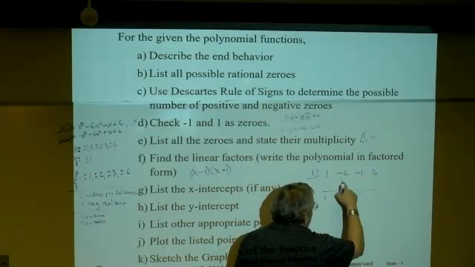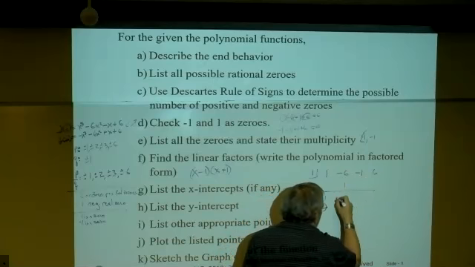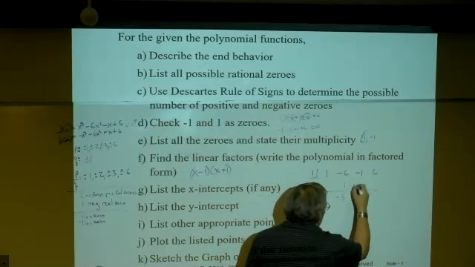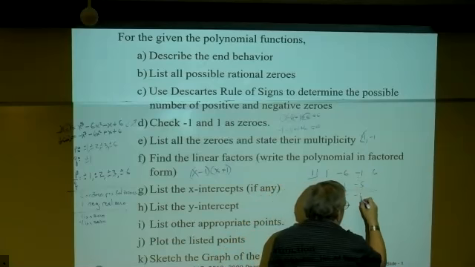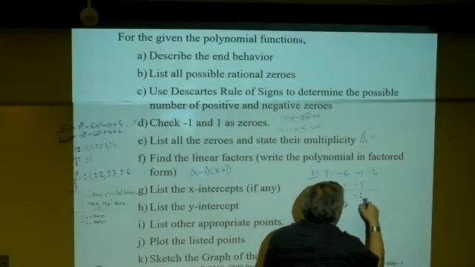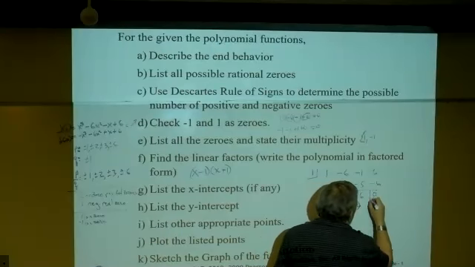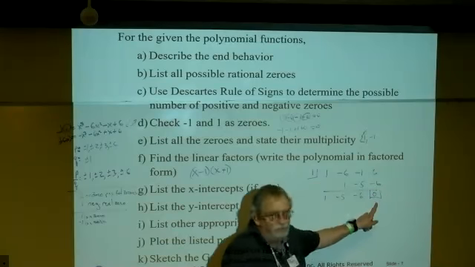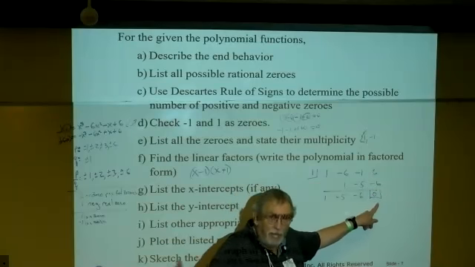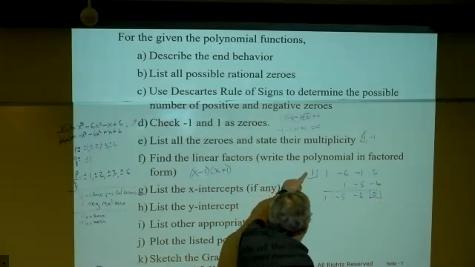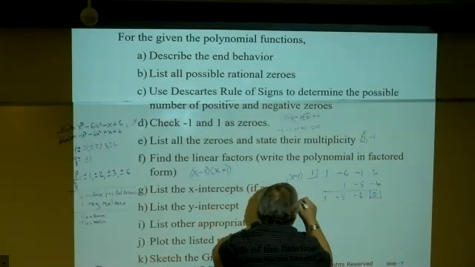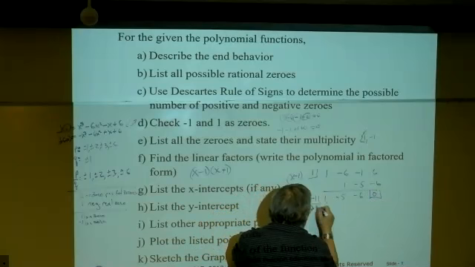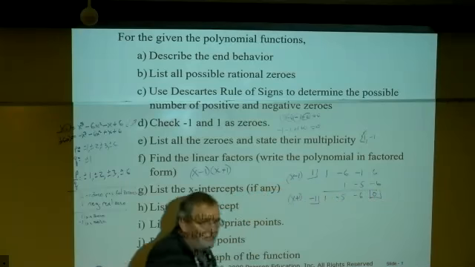I combine negative 6 with 1. Gives me a negative 5. 1 times negative 5 is negative 5. Negative 1 and negative 5 make negative 6. And 1 times negative 6 is negative 6. And lo and behold, I get a 0 as a remainder, which is what's supposed to happen. All right, I divided out x minus 1. Now I'm going to divide out x plus 1. So that means I'm going to do negative 1 on the depressed equation.